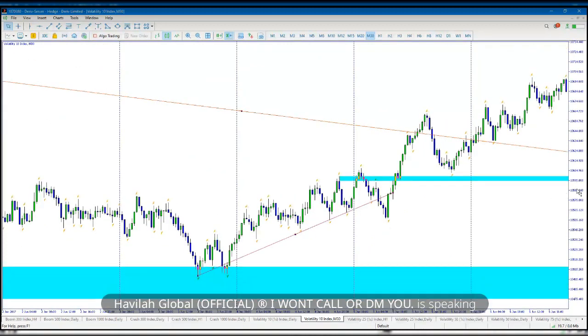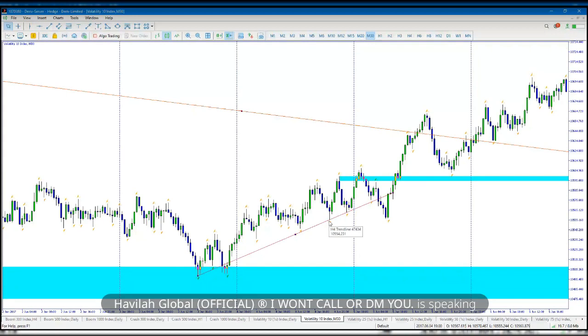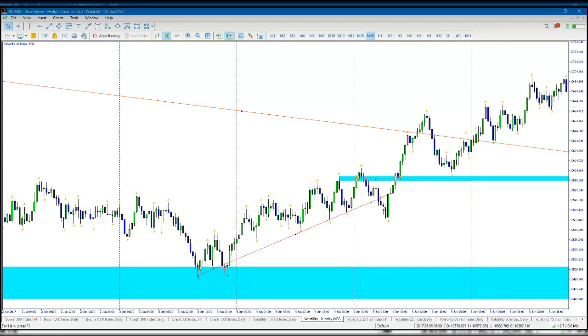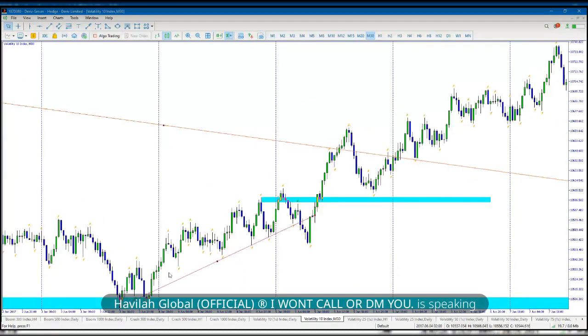So lower high, lower low, lower high, lower low, lower high, lower low. Lower high, lower low, lower high. Came back here. This place was full. The price came, took out this place and came here. Why? Why do you think price came back here?